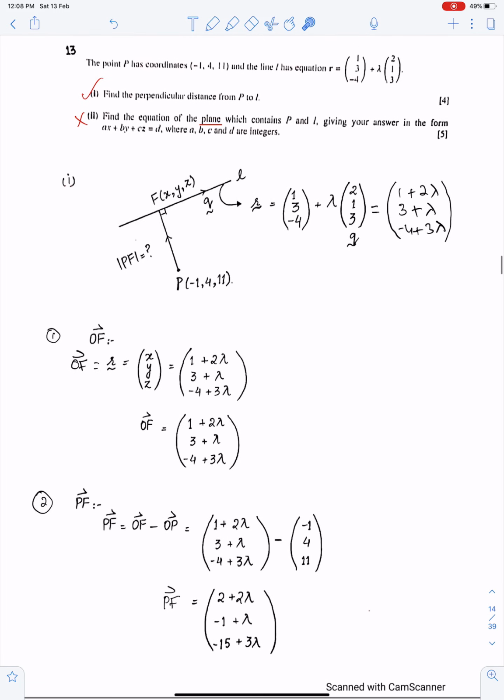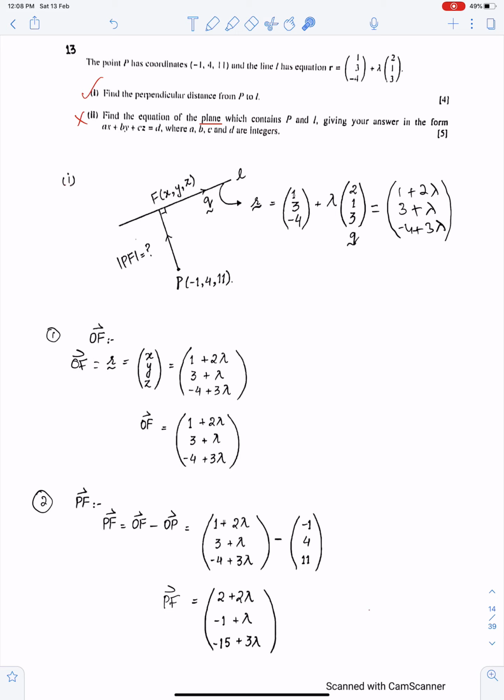So these steps are here. There are basically 4 steps. Number 1, work for OF. Make a rough sketch first, and then work for OF. F means the foot of perpendicular from P to this line L. And OF is very simple. Replace R by OF. This is OF. And after getting OF, get this vector PF. This is the vector PF.